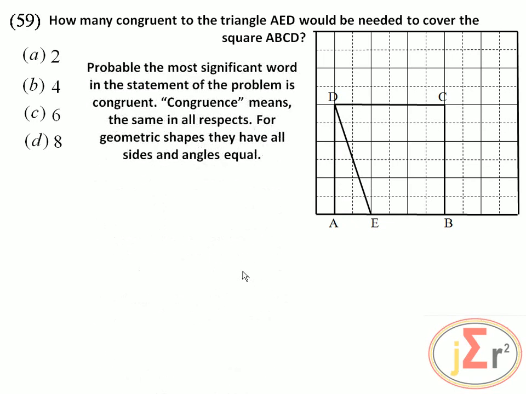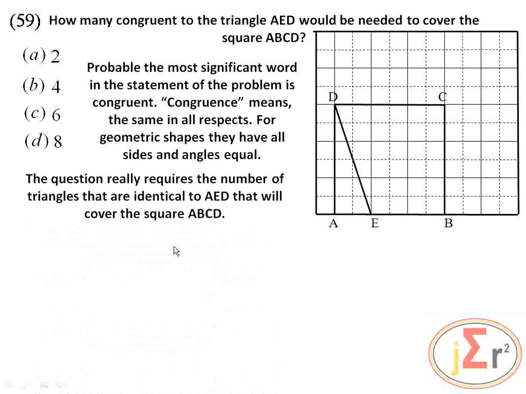Probably the most significant word in the statement of the problem is congruent. Congruence means the same in all respects. For geometric shapes, they have all sides and angles equal. That means if we have two triangles that are congruent to each other, they have corresponding sides equal.